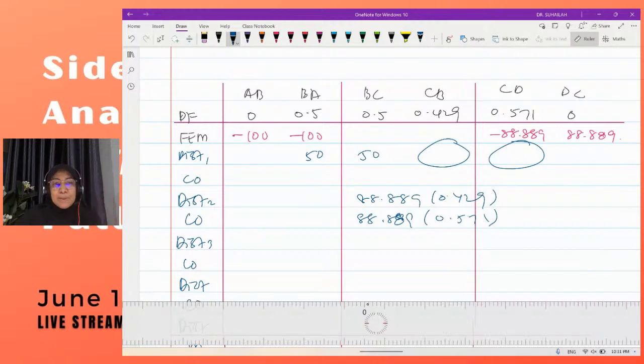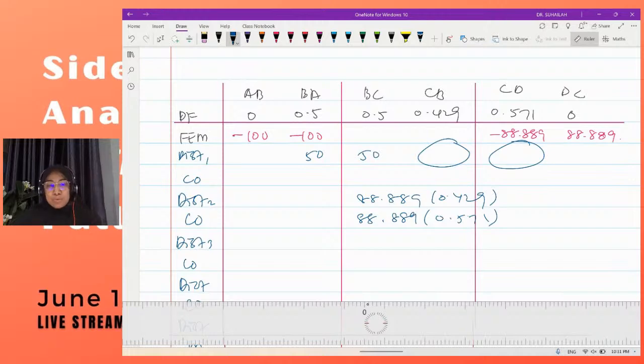We have two tables, one for the non-sway frame and another one for the side sway frame. The difference is only based on the FEM, because in table 1 the FEM is due to external loading, and in table 2, FEM is due to side sway.